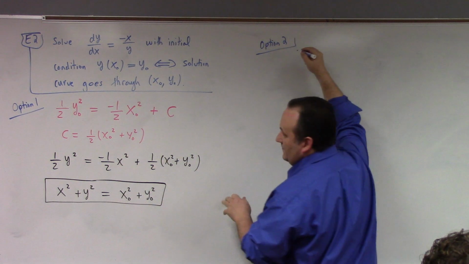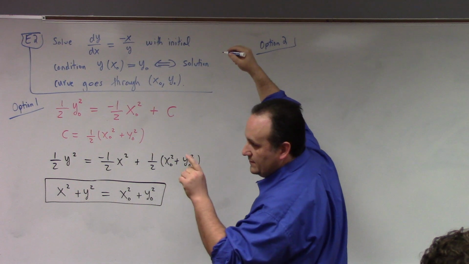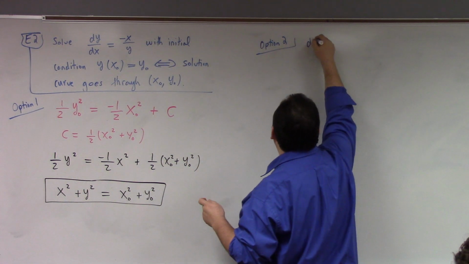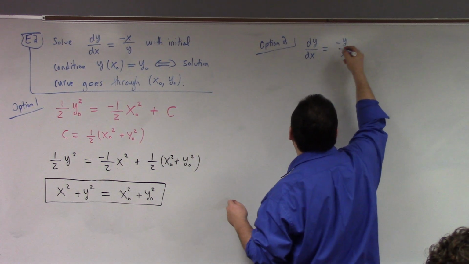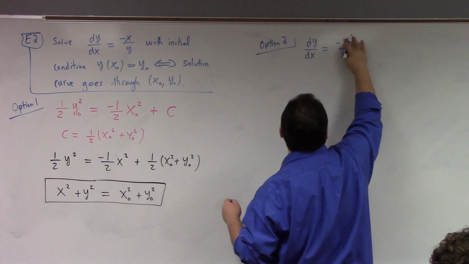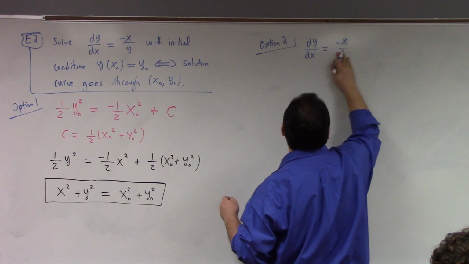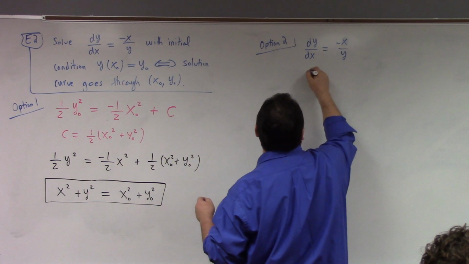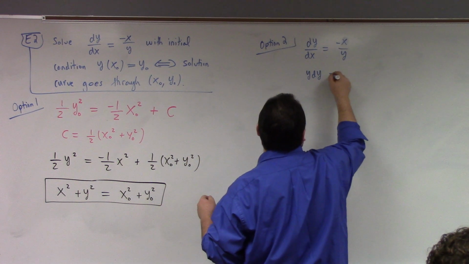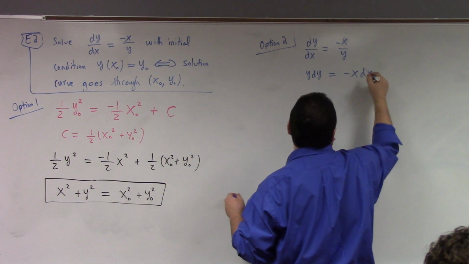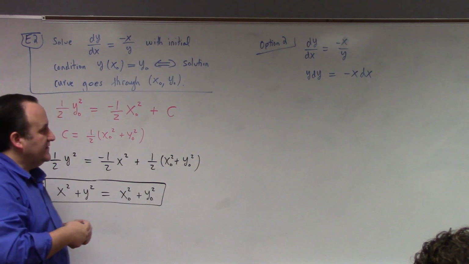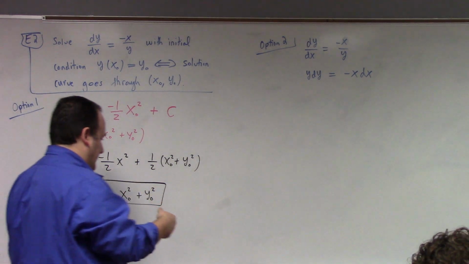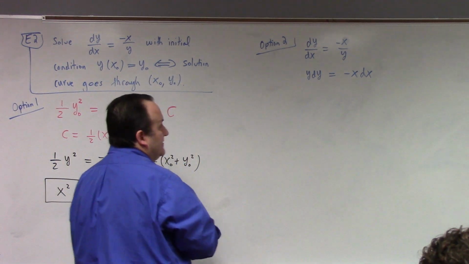So we go back to what we had. We take our dy dx equals minus x over y. Oh man, that was x over y, wasn't it? We separate. You get your y dy equals minus x dx. And one of the things you could do here is just integrate both sides.